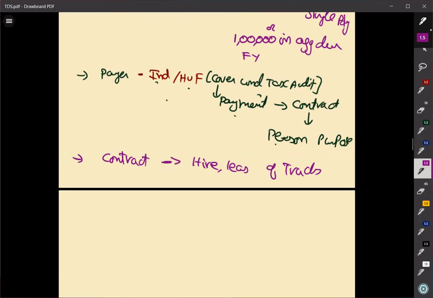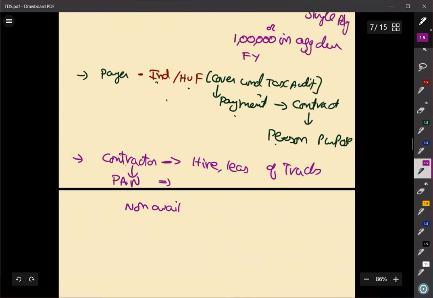In that case also, I can pay any amount without deduction of TDS, provided this contractor has a PAN number. If the PAN number is there, whatever amount I pay for taking trucks on hire or on lease, no need to deduct any TDS.